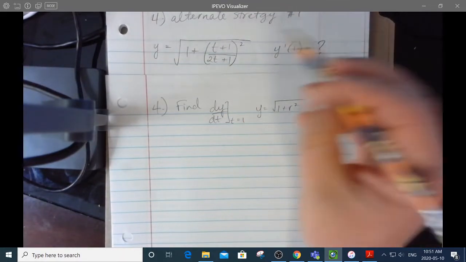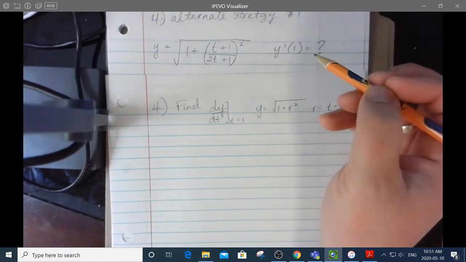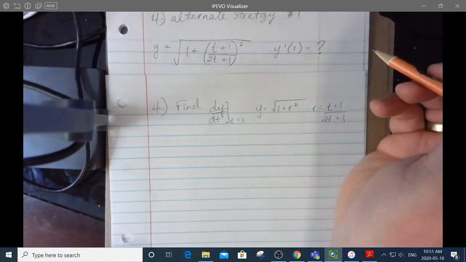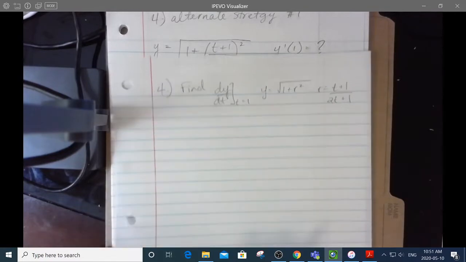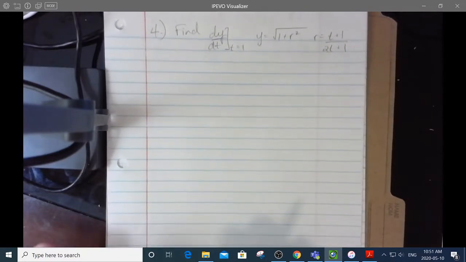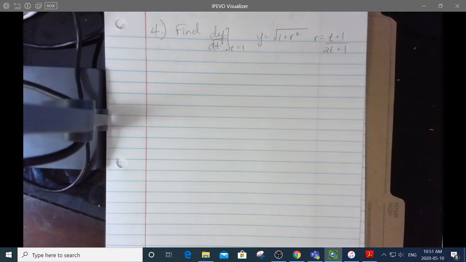So basically I want f of x or f of 1, if you like, if you want to call this f of x instead of y. And again, I'll do this a couple of ways. In fact, I'll play with it 3 different ways to show you that they all work. Okay, first of all, I like the chain rule.